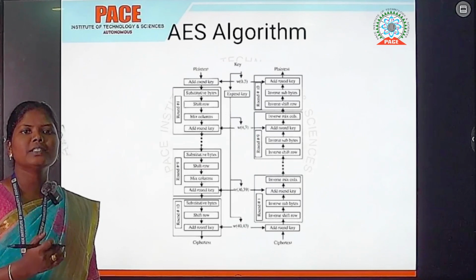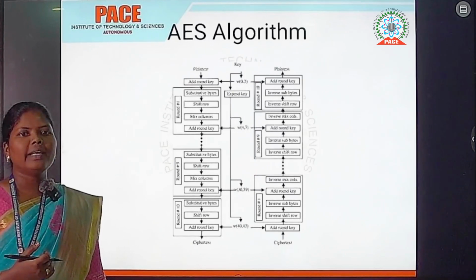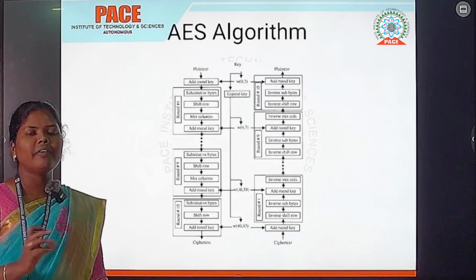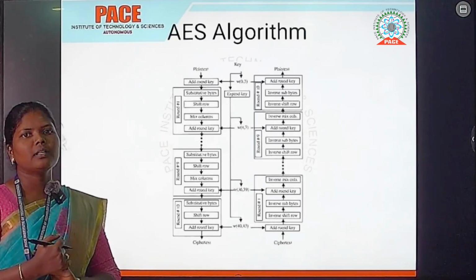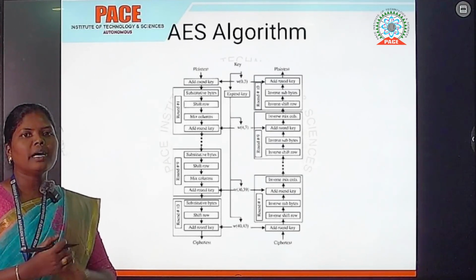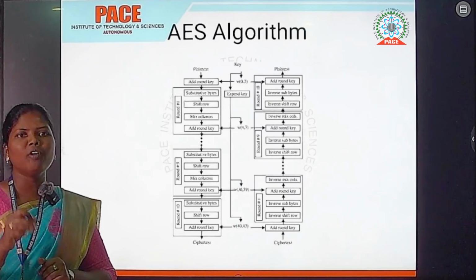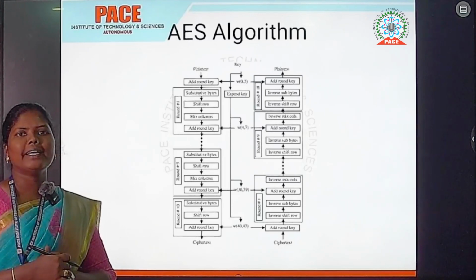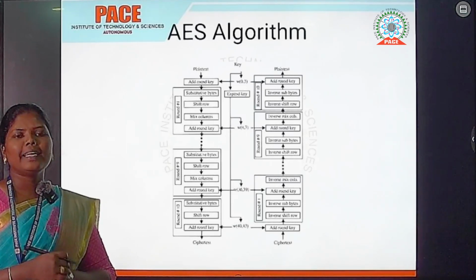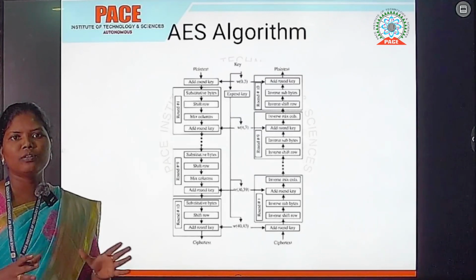In the second step each round has 5 steps, and there are no variations in the key bit size. Coming to AES, we have some advantages compared with the DES algorithm.